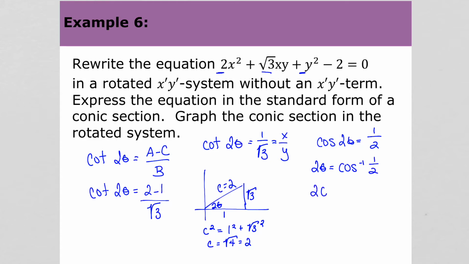And the inverse cosine of 1/2 is 60 degrees. So that means theta is 30 degrees. So there, we've just been through all that, and we have found our angle of rotation, 30 degrees.